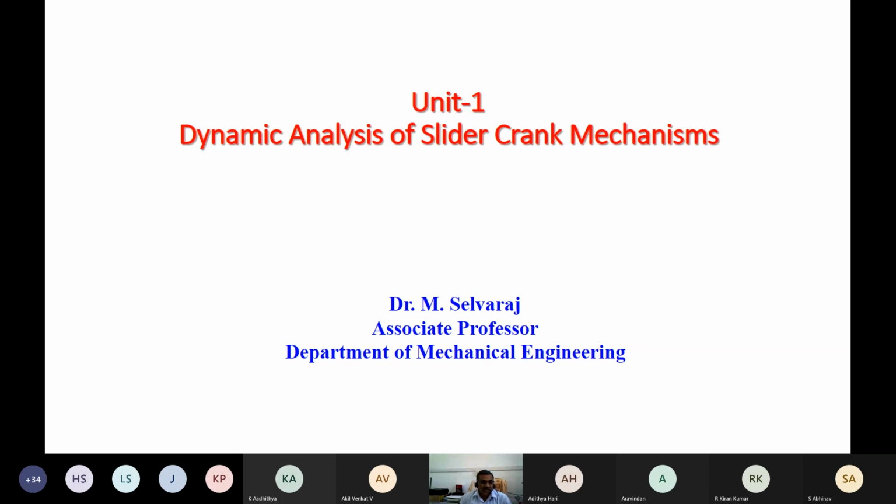In IC engines, pressure is developed in the engine because of the combustion of petrol or diesel. A high pressure is developed, and it acts on the piston, so a force is developed. Pressure into area gives force.